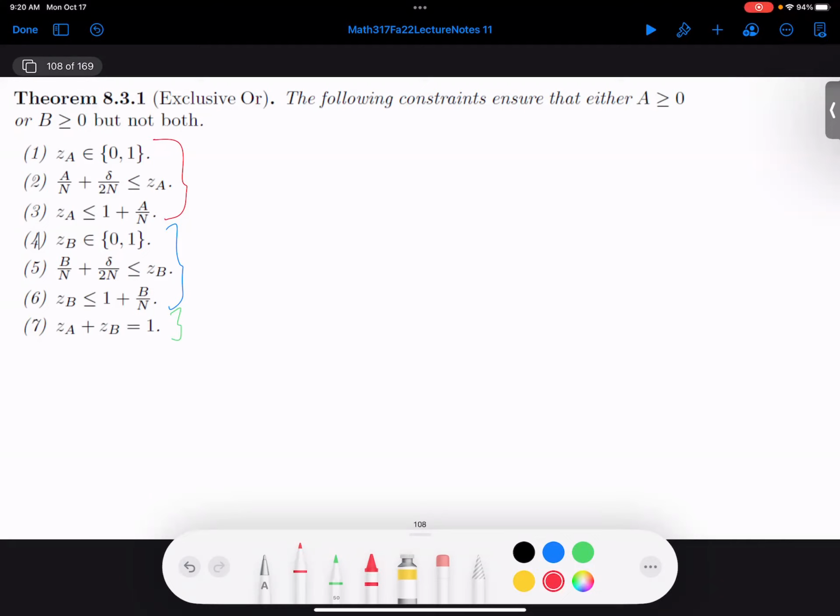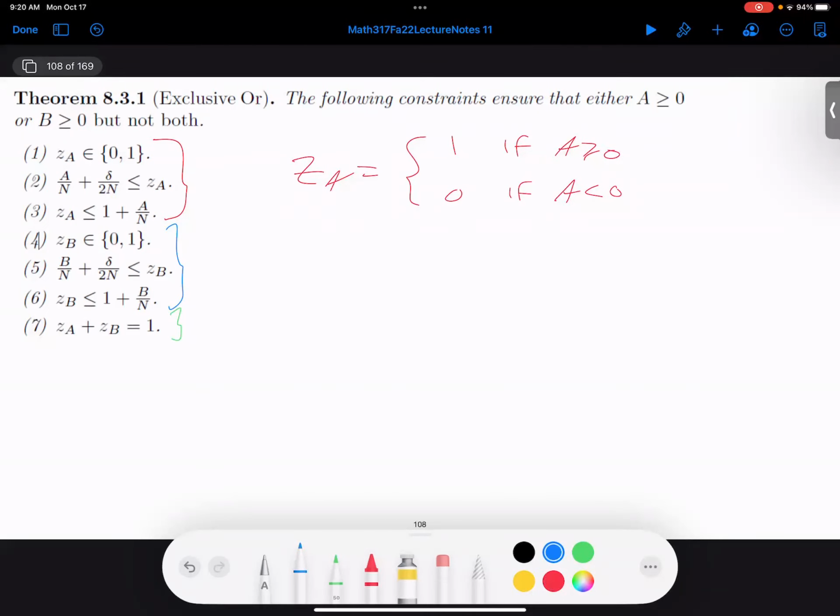That tells us whether ZA is 0 or 1. So ZA equals 1 if A is greater than or equal to 0, and 0 if A is less than 0. At a high level, we could just say construct ZA as before to be the indicator for whether A is greater than or equal to 0.